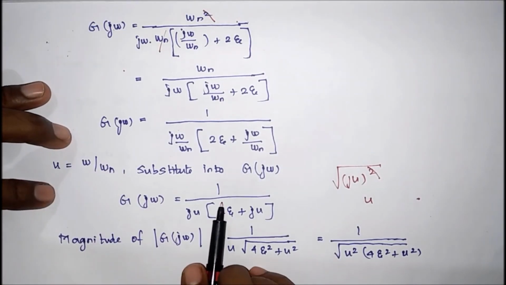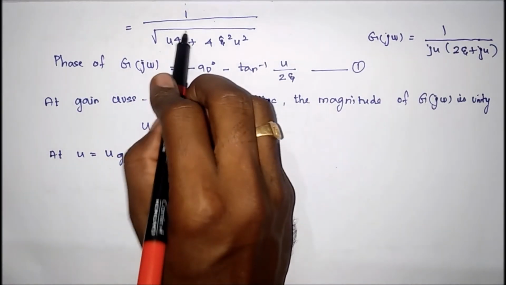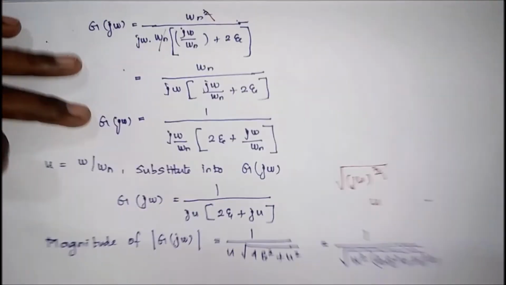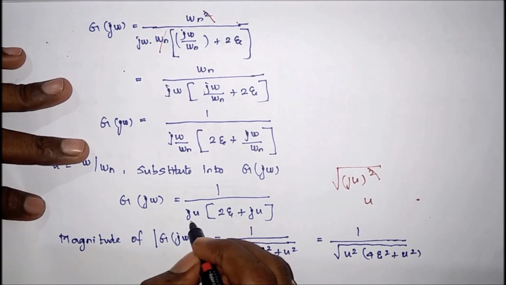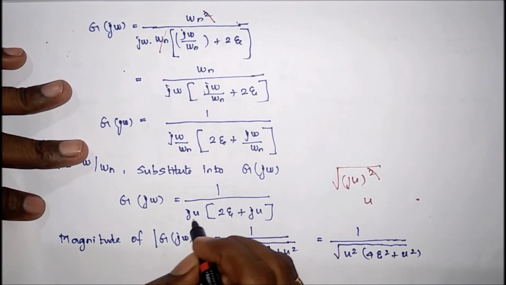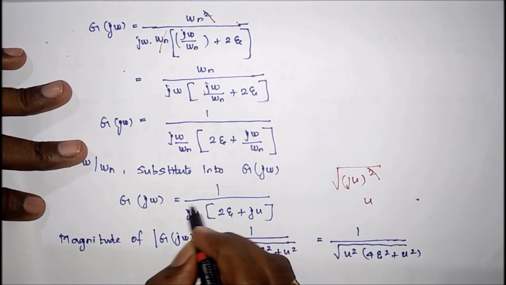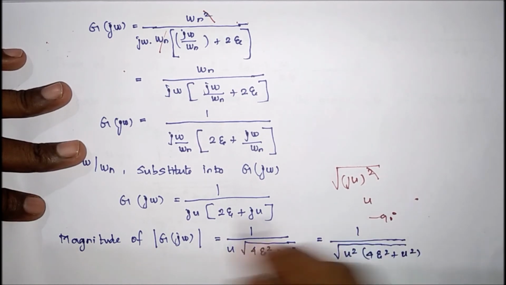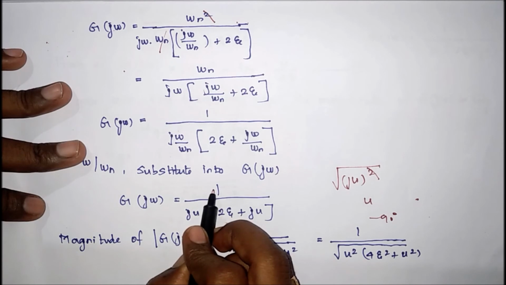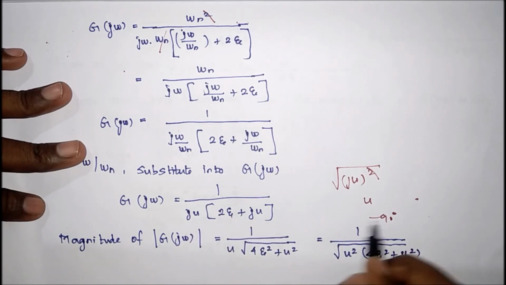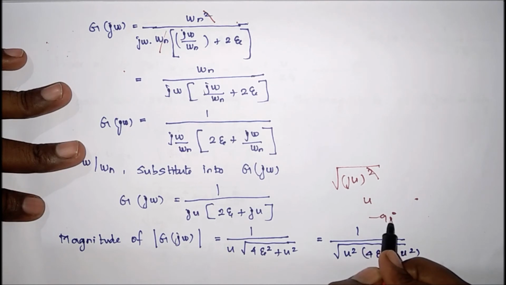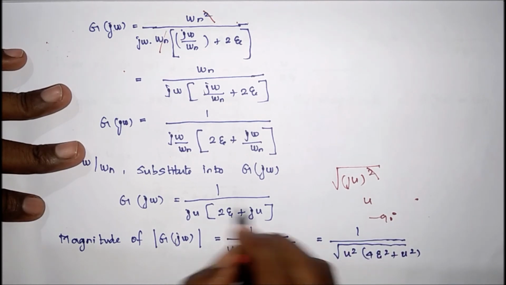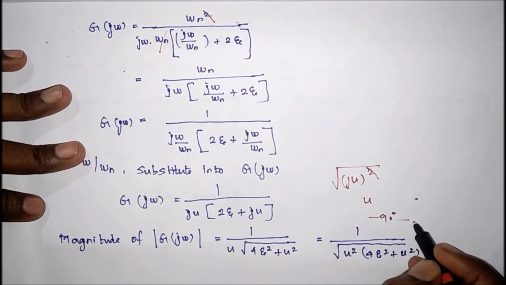Actually for this equation the magnitude is this one, but for phase, this is one s term and this is another term, both in the denominator. For this alone, according to the concept, minus 90 degree. If s is in the numerator we have to use plus, but this is in the denominator, therefore minus 90 degree. Then this is also in the denominator, again minus.